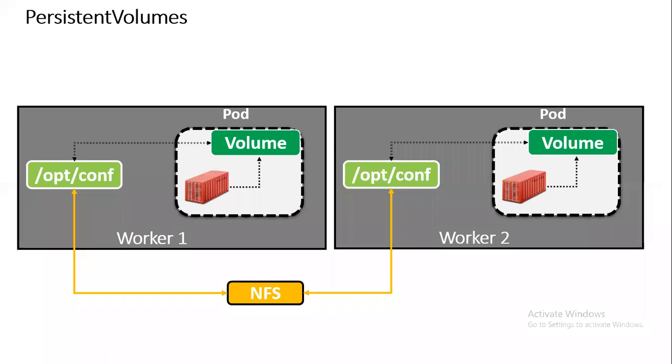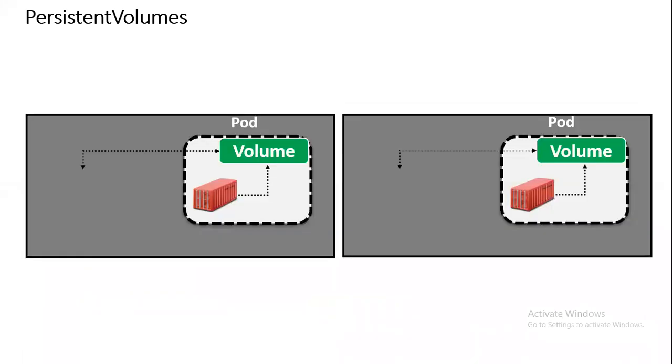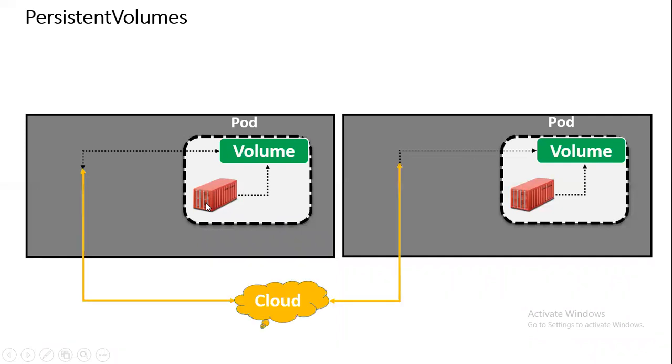So NFS is one way to create a persistent volume in Kubernetes. But if not, when you talk about cloud, instead of having a volume on a machine level like an NFS, what we can now do is create a storage on cloud like AWS or Azure, and then allow each and every machine in the cluster to access this cloud.